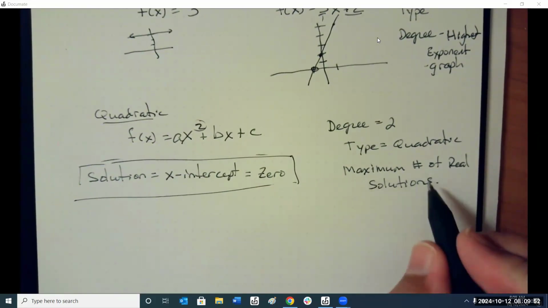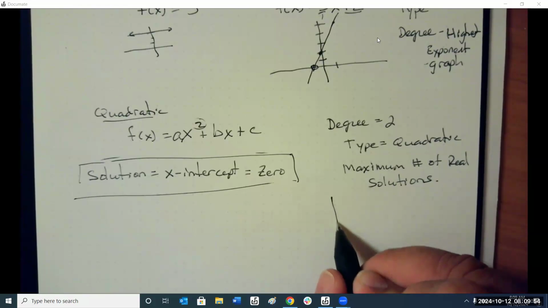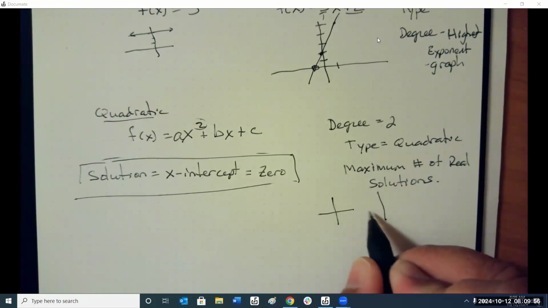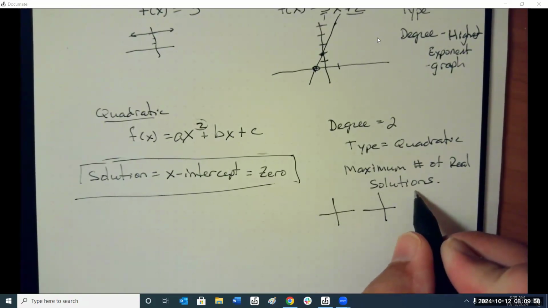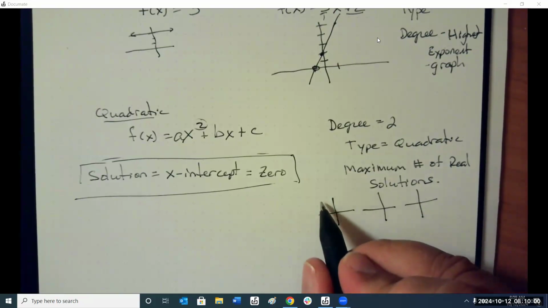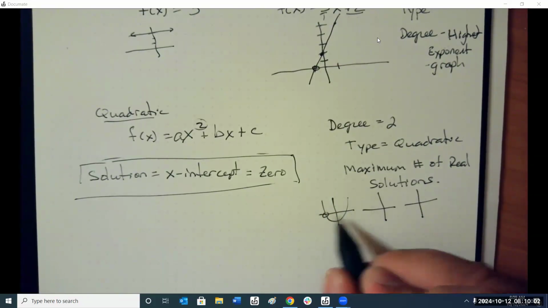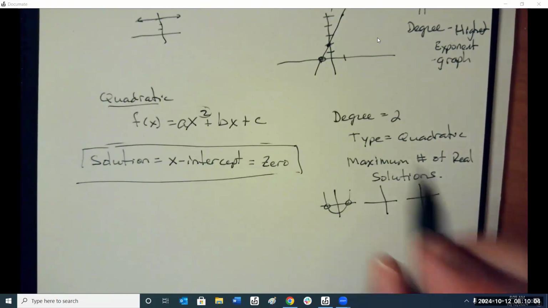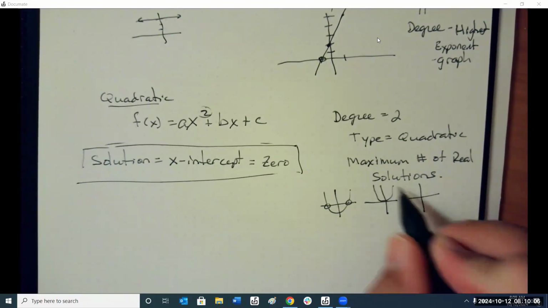The reason I say the maximum number is because with quadratic equations, we can have 2 solutions. We can have 1 solution.